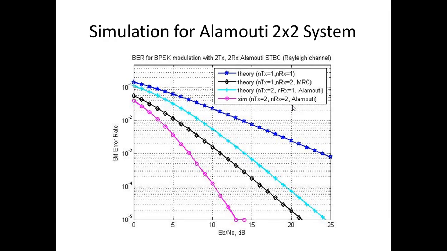Now moving on to the Alamouti 2x2 system, there has been a dramatic enhancement of the bit error performance of the system. The 2x2 system has a better BER performance as compared to the MRC 2x1 system.